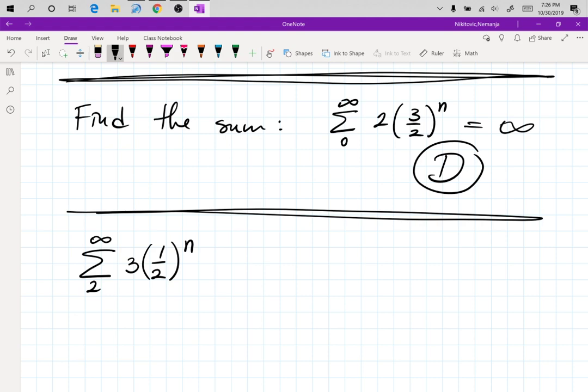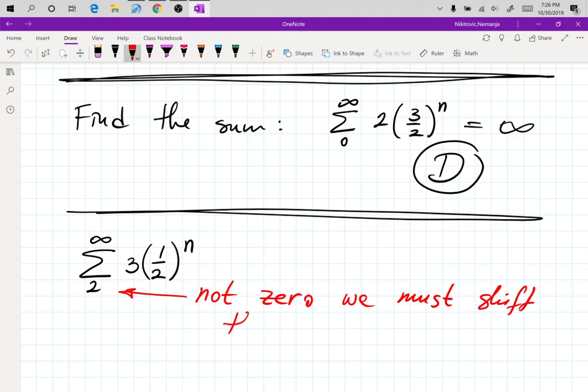And because we don't have a 0 under the series, we have to do something called shifting the counter. So here in blood, not 0, we must shift the counter.